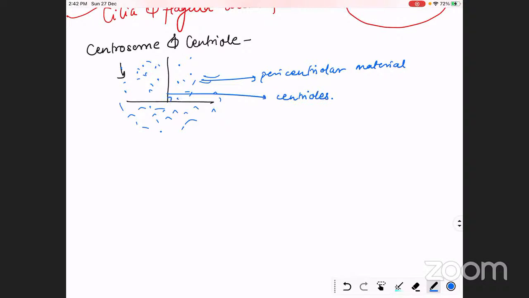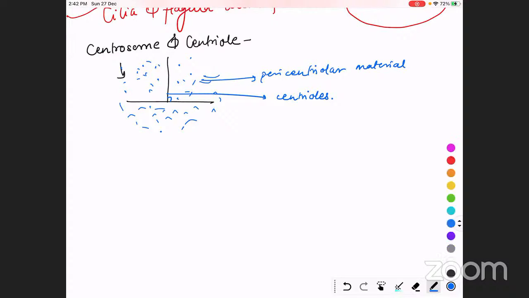Okay, nine degree, one and second. So two centrioles arranged perpendicular to each other and surrounded by a pericentriolar material is known as the centrosome. And the centriole has the cartwheel appearance.